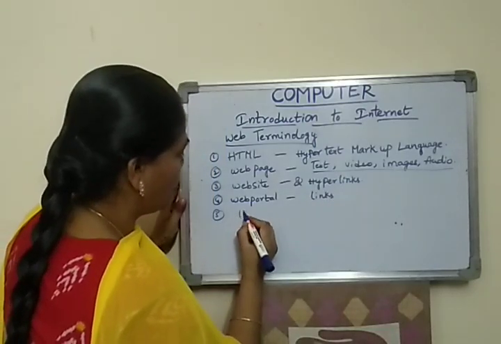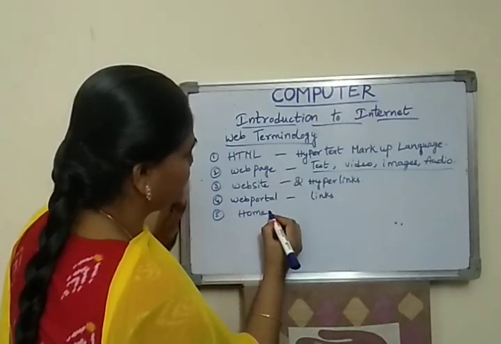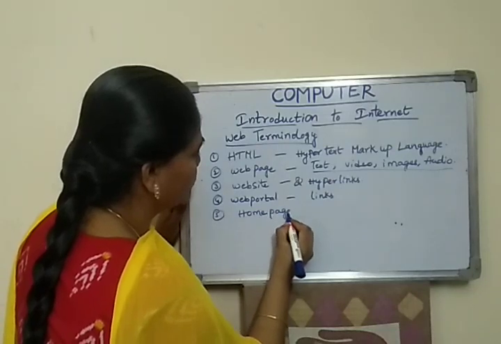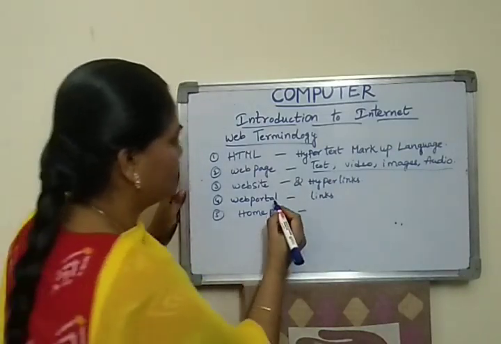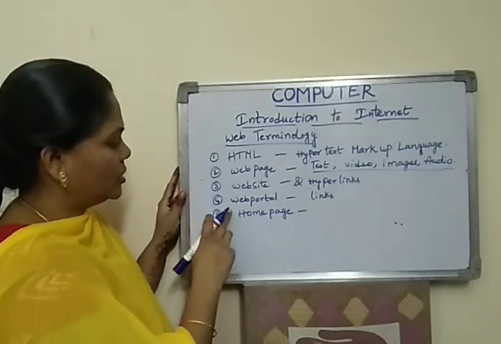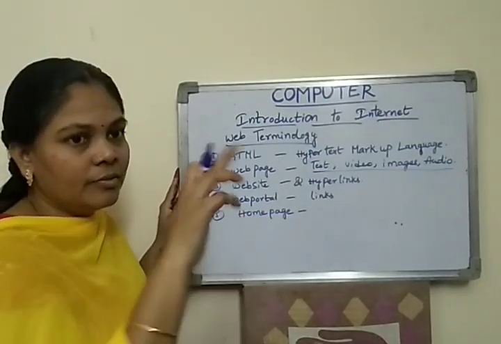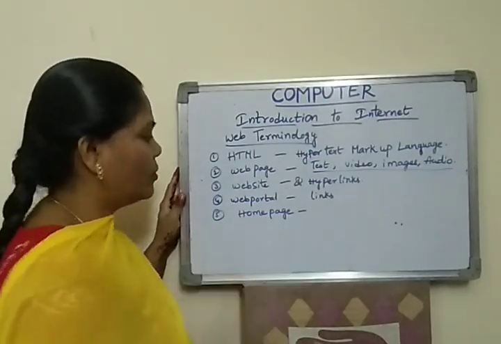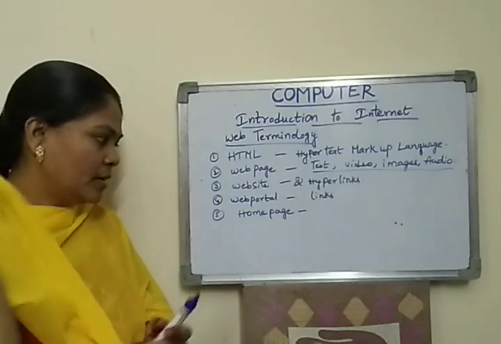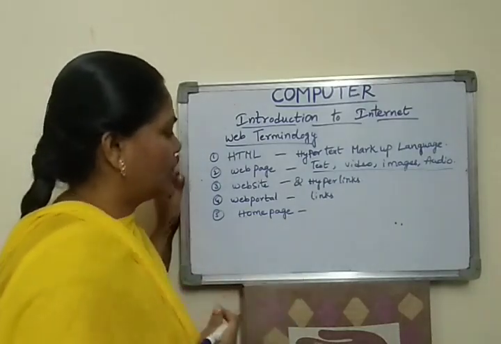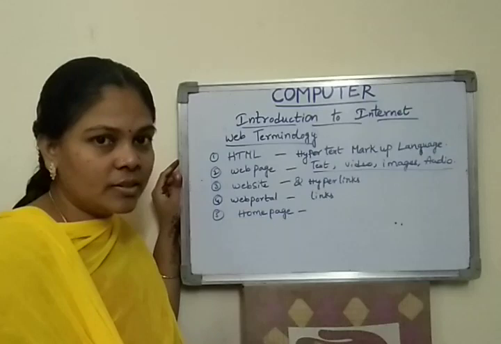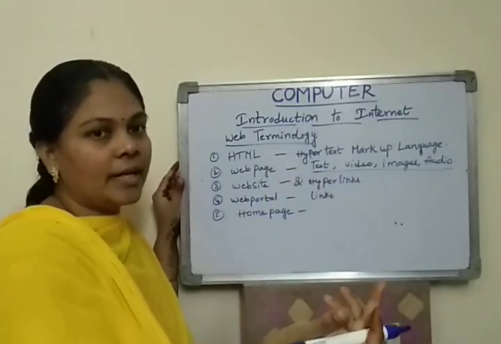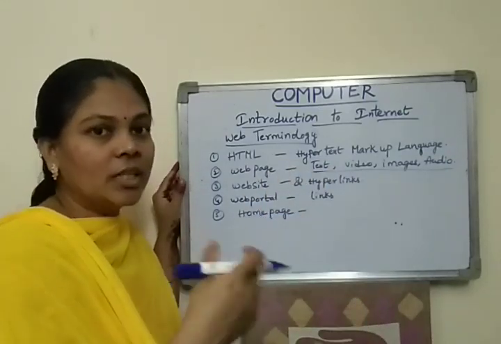Fifth one, home page. Whatever site you open, the first page is called the home page of that site. In that home page it contains the information about that site, and it can contain links to other web pages.